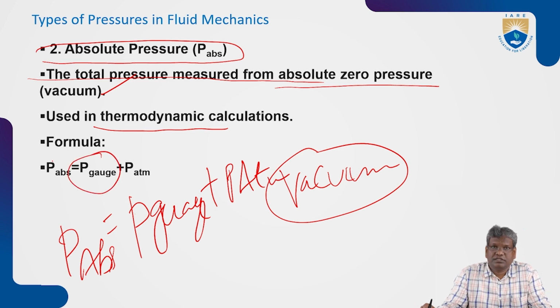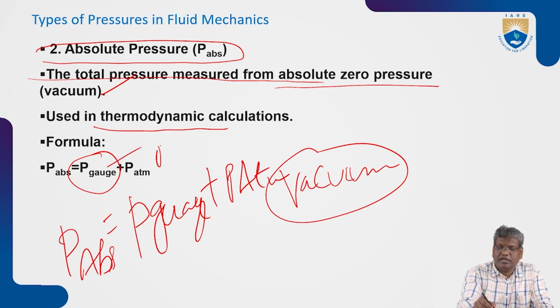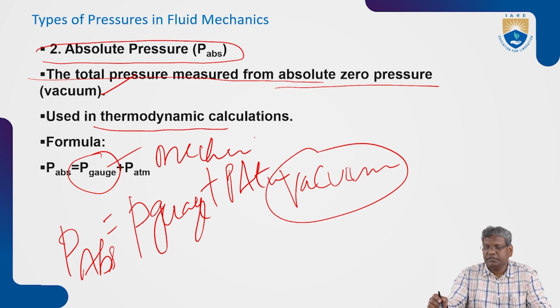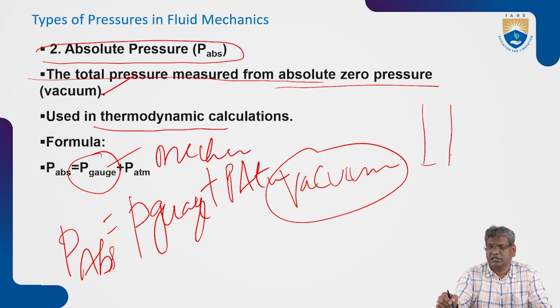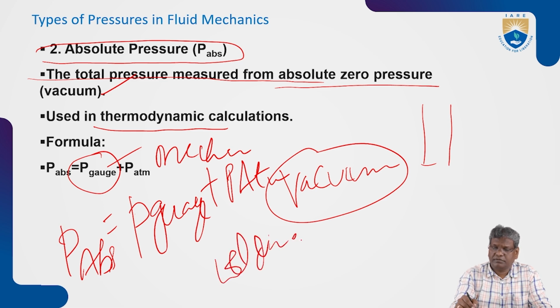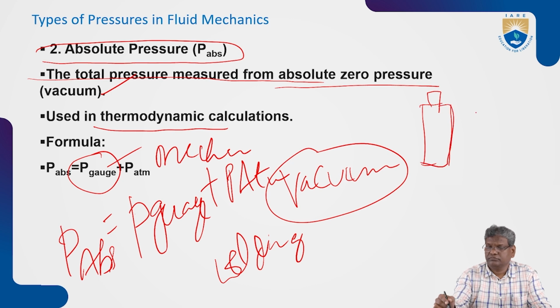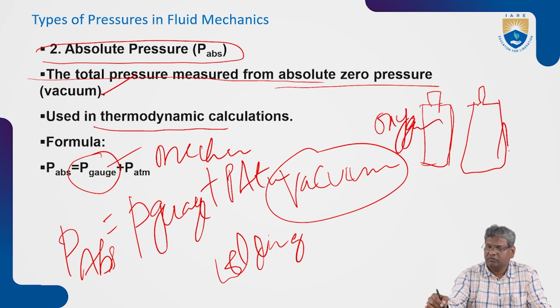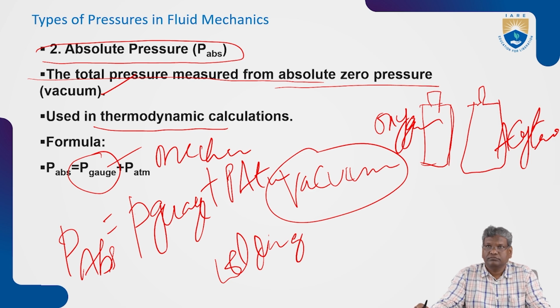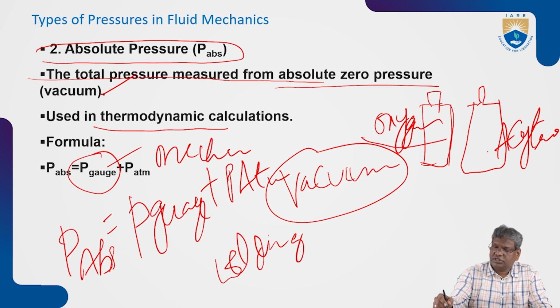By using gauges, pressure can be measured, by using some mechanical gauges. If you observe gas cylinders, especially in welding, there are two cylinders: one is oxygen, the other is acetylene cylinder.